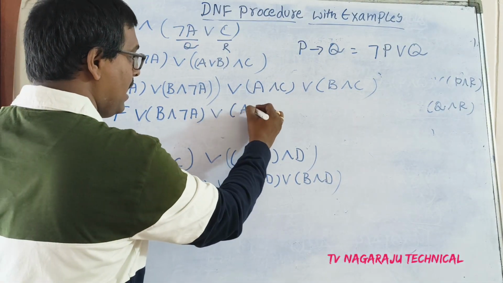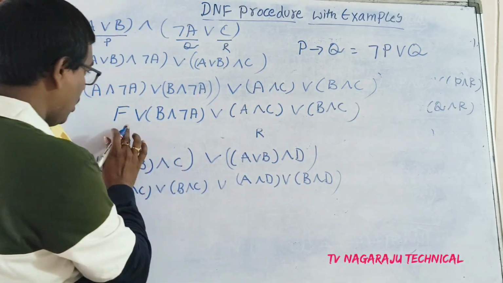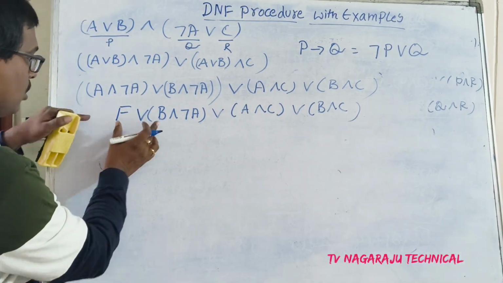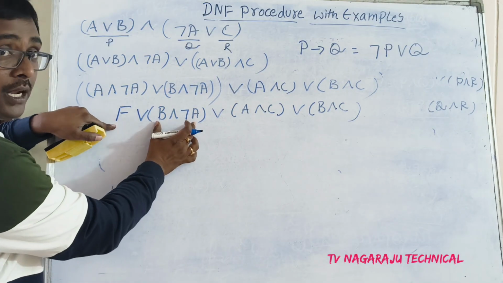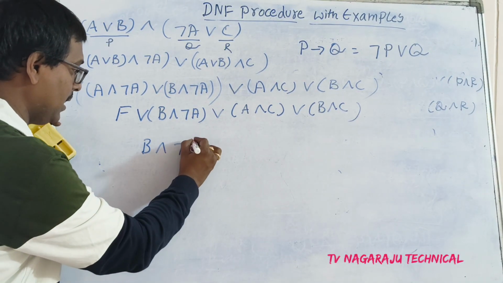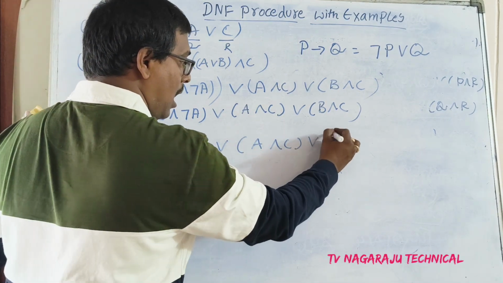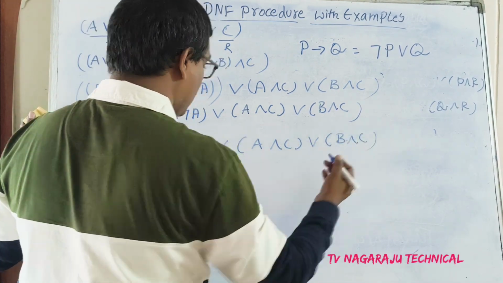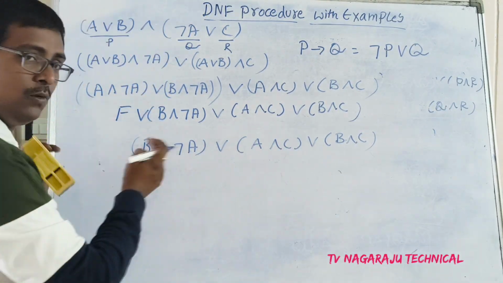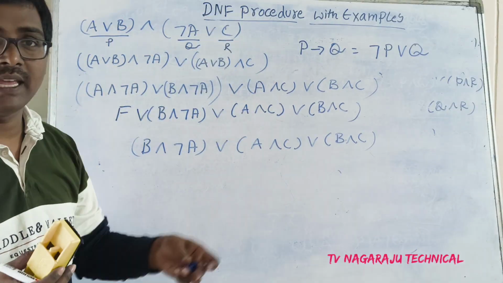Or A and C, or B and C. Now finally, false OR something is automatically just that expression. You know that one: B and negation A, or A and C, or B and C. Got it? This is a product term, product term, product term. In between we have OR terms. So, sum of products. This is the DNF.